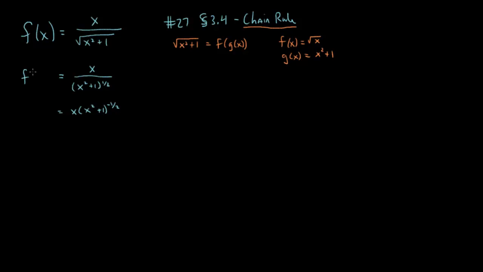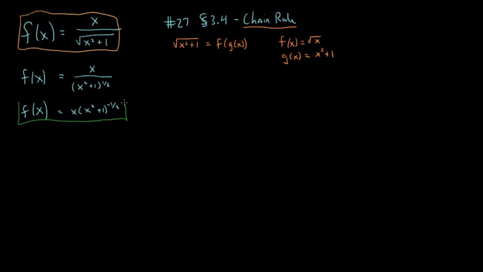So as you notice here, we could actually use the quotient rule in this situation, or we could use the product rule in this situation. Now, is one easier? Maybe, maybe not. That's up for you to decide. But you can get the exact same answer using different techniques.